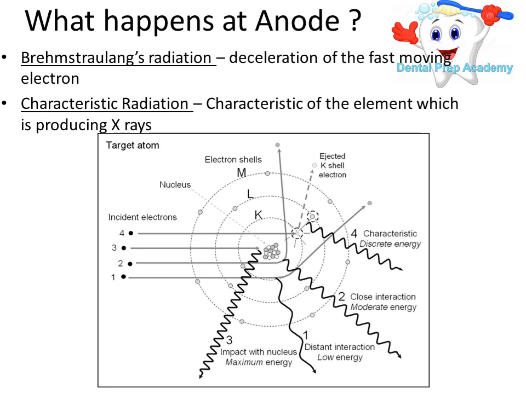A higher level electron falls into the lower level space, and the energy difference between the two shells is a fixed amount of energy, and this energy is emitted in the form of X-rays.